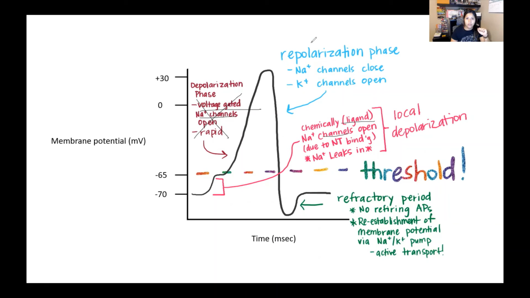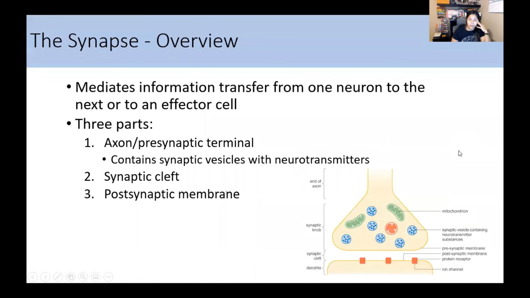Okay, so local anesthetics are inhibitory in the way that they completely block voltage-gated channels from opening, so we can never make that switch in order for the rapid depolarization to happen in order to keep that action potential going along the axon of that cell. So local anesthetics are inhibitory in that sense, that they block voltage-gated channels from being open, so that we can never make that switch in order to allow for the propagation of an action potential.